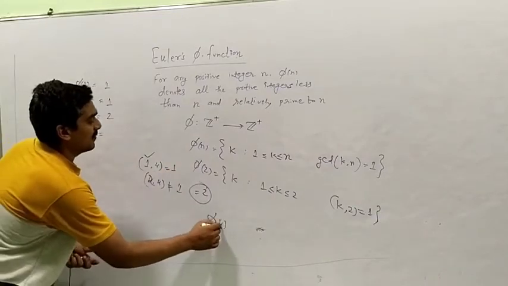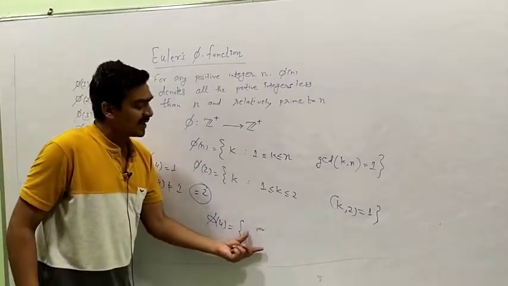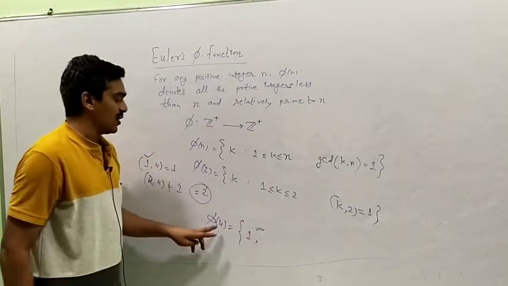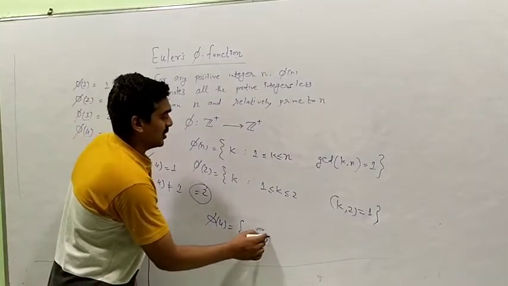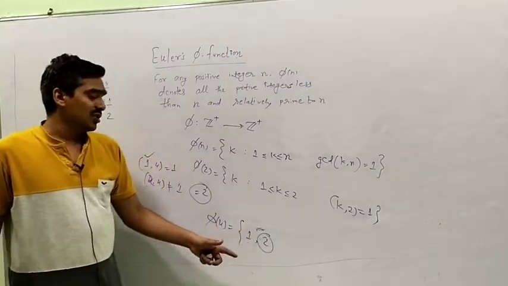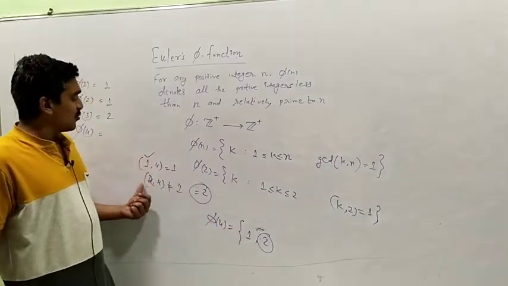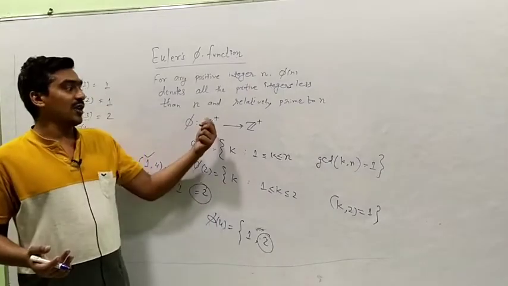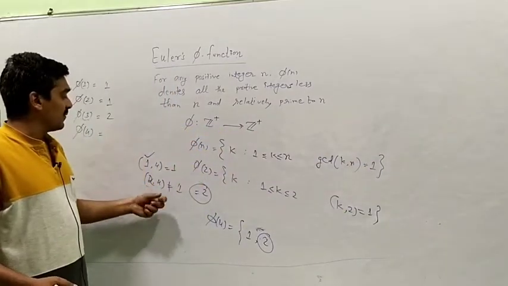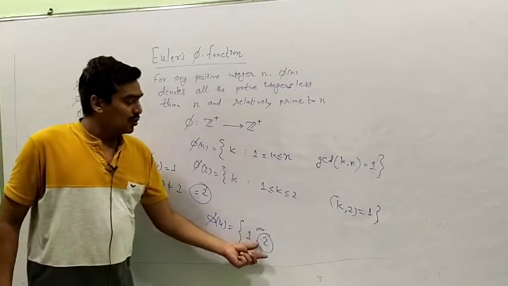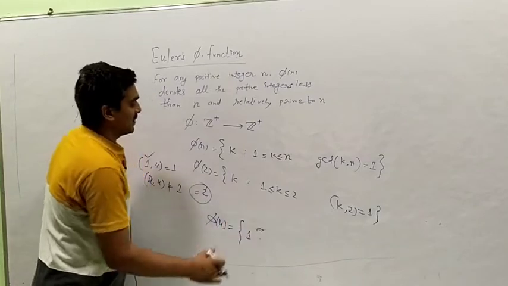When we prepare phi 4, what integers should it contain? 1, because 1 and 4 are relatively prime. Can 2 be included here or not? No, because the GCD of 2 and 4 is not 1. According to the definition, the GCD of k and n should be 1. So 2 cannot be included in this set, so we remove it.